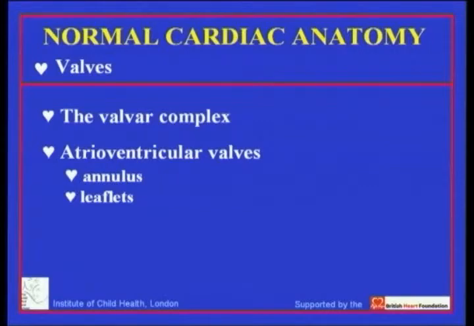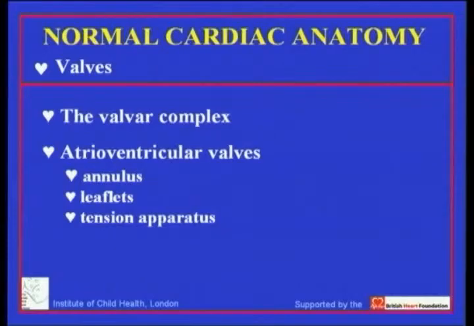And it's only of late that they've been bastardized into using cusp to describe the leaflets of the atrioventricular valves. And the leaflets are the components of the skirt of fibrous tissue that forms the closing mechanism of the valves. And so for my money, it is the leaflets that are the real working part of both valvar complexes, and for that reason we use the term leaflets to describe these components of both sets of valves.